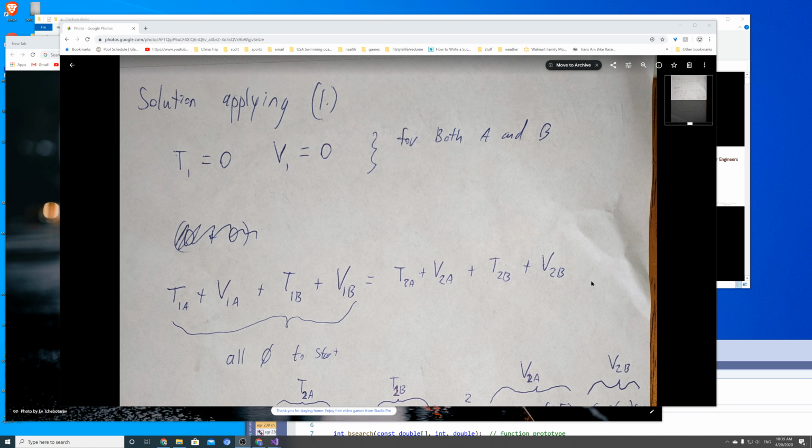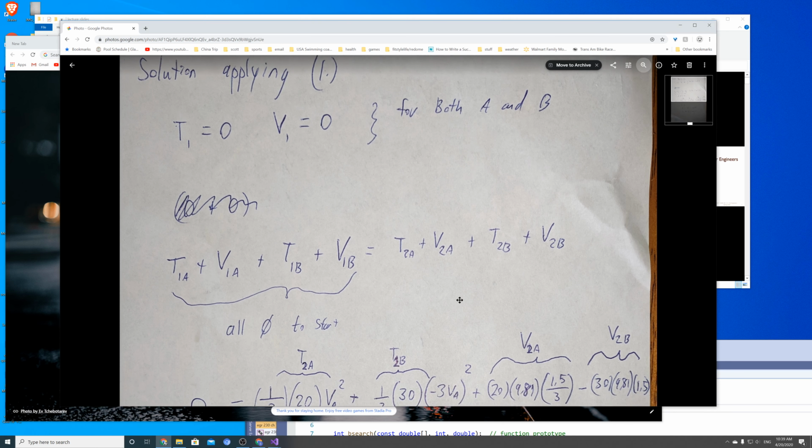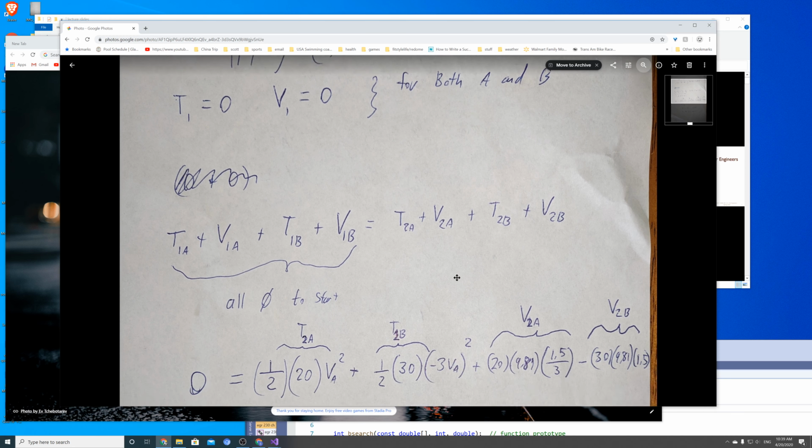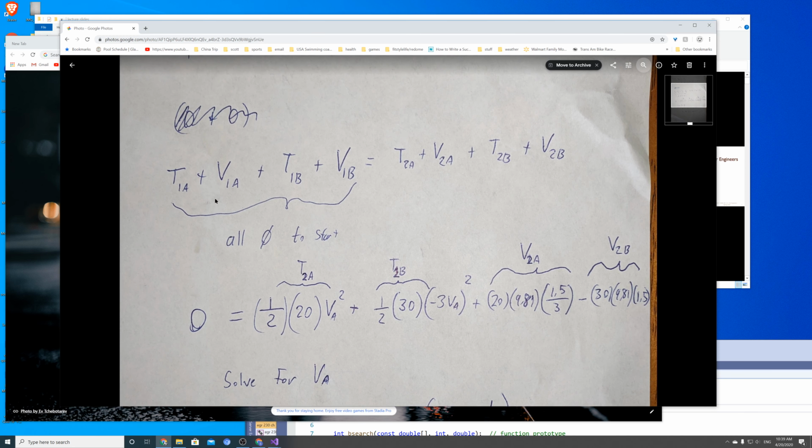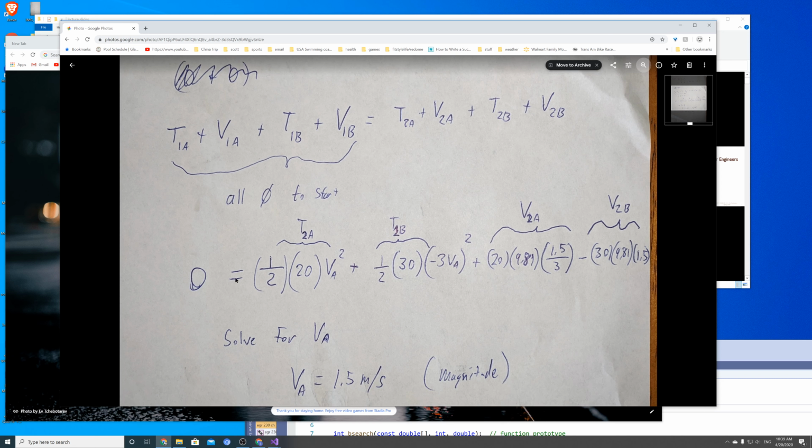So that's going to be equal to whatever the initial kinetic energy and potential energy of both of them. But what we recognize is that block B is going to lose potential energy, so it's negative, so it's going to be less than 0. Everything over here is on the left-hand side, so we can set everything equal to 0. And what do we have?